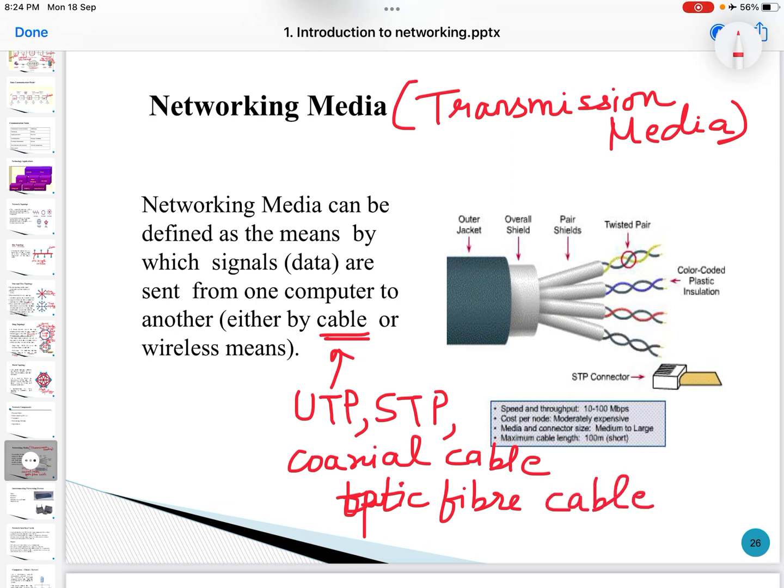STP is shielded twisted pair cable and UTP is unshielded twisted pair cable. So three cables are there: twisted pair cable, coaxial cables and optical fiber cables.